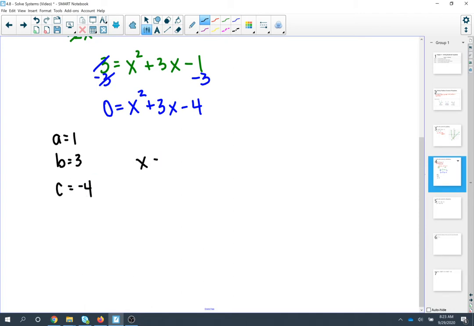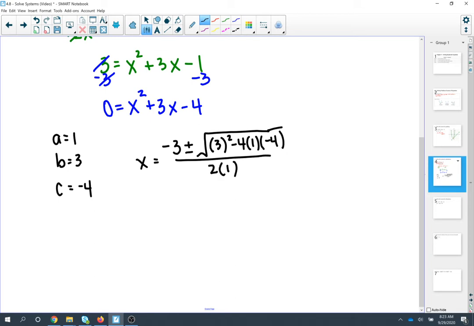So x equals the opposite of b plus or minus the square root of b in parentheses squared minus 4 times 1 times negative 4, all over 2 times 1.